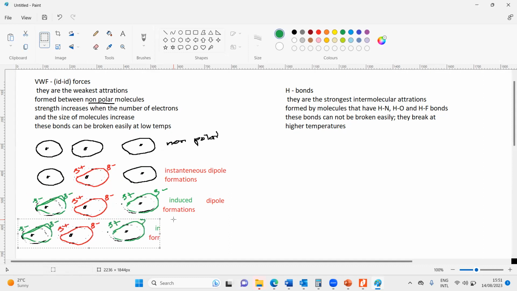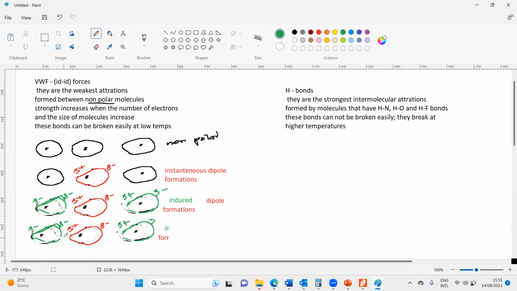When positive and negative particles come closer to each other, there will be intermolecular attractive force formation. Here and here.